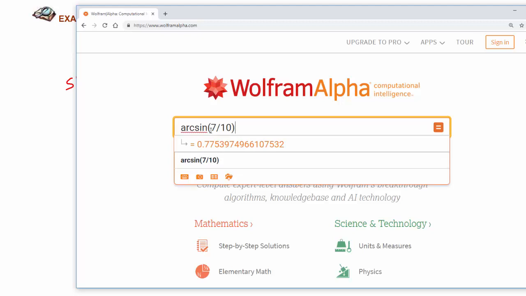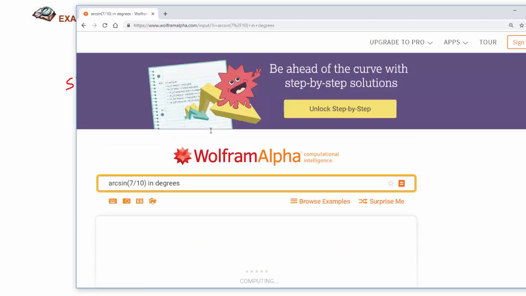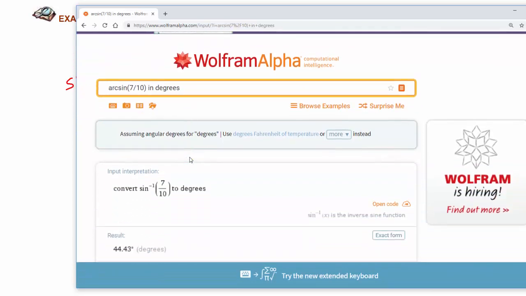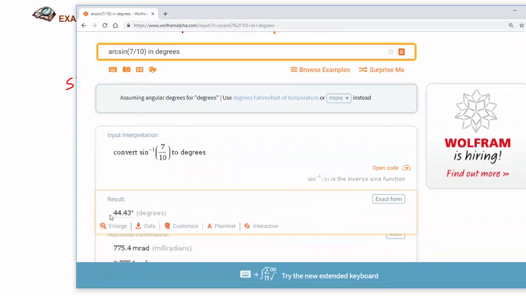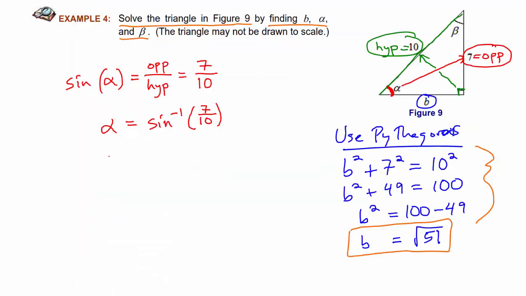It's likely to want to give me a radian value, so I might try to force it to give me values in degrees, which are more natural when we're working with triangles. So we can scroll down and see that the value looks like it's about 44.43 degrees. So this value of alpha is approximately 44.43 degrees.